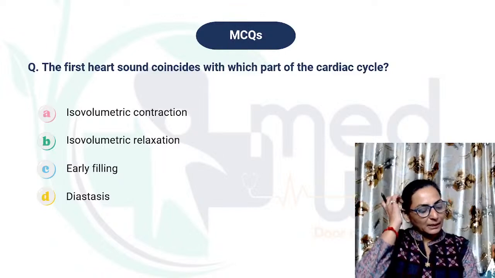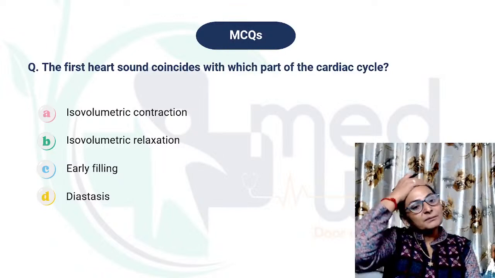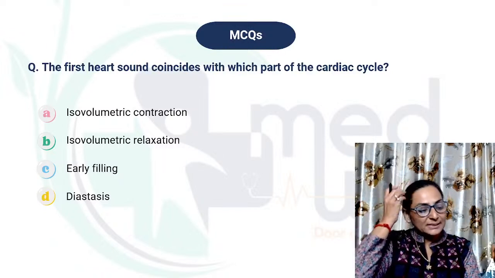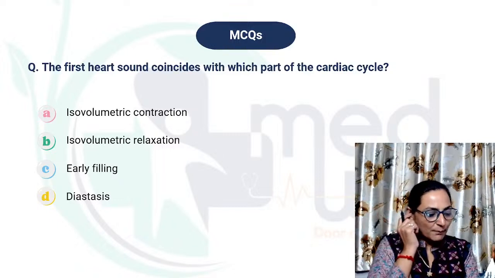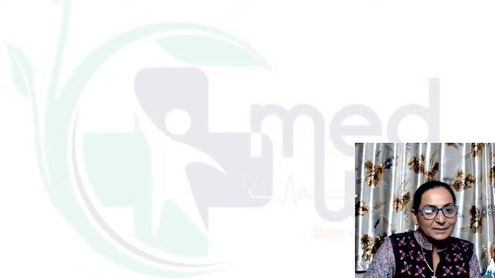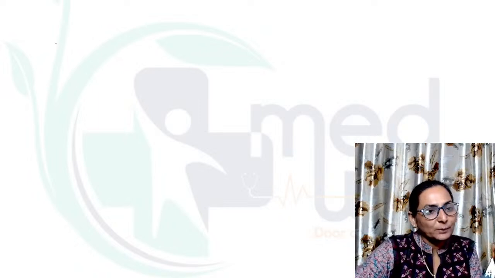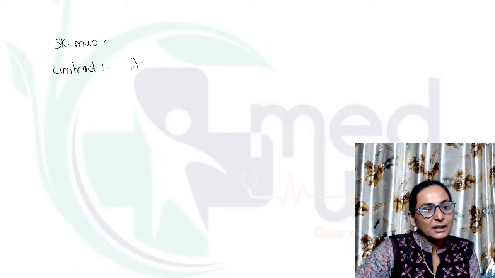Yes. Now next one. The first heart sound coincides with which part? Yes, Mohammed. Titin is the largest protein. See, if you look into the proteins of the skeletal muscle, there are contractile proteins which are actin and myosin.